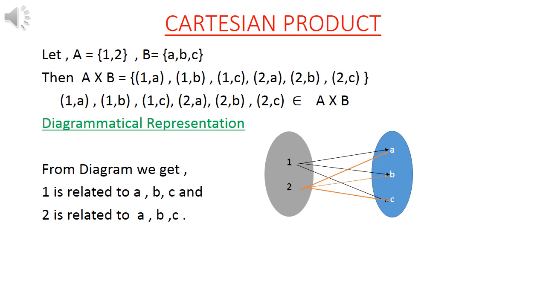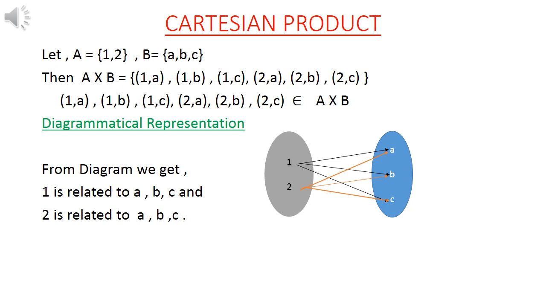If we find A cross B, then the elements of A cross B are 1a, 1b, 1c, 2a, 2b and 2c. We find that the elements of A cross B are ordered pairs.